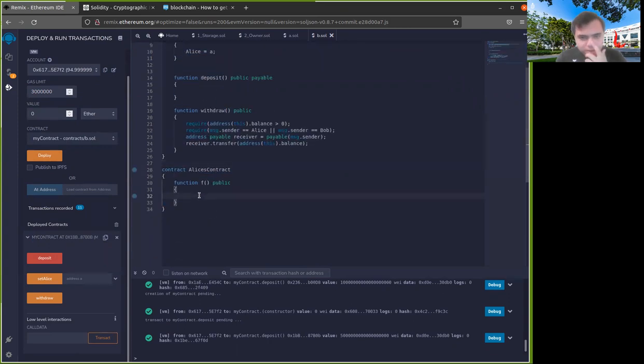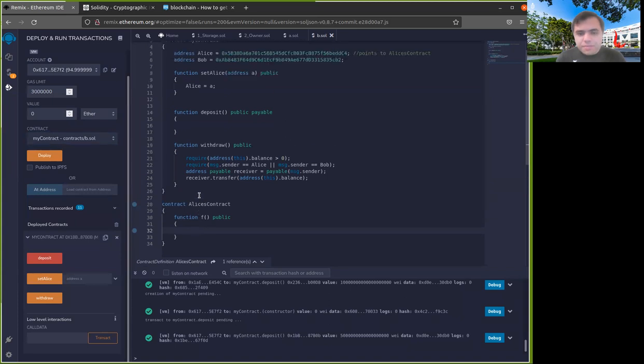Now I have this other contract, which I'm calling Alice's contract. And I want this contract to be able to call the withdraw function in this one. So generally, when a contract wants to call another contract on the blockchain, this has to be done by address.